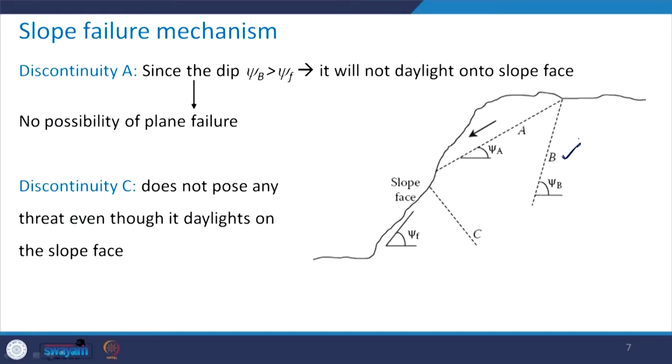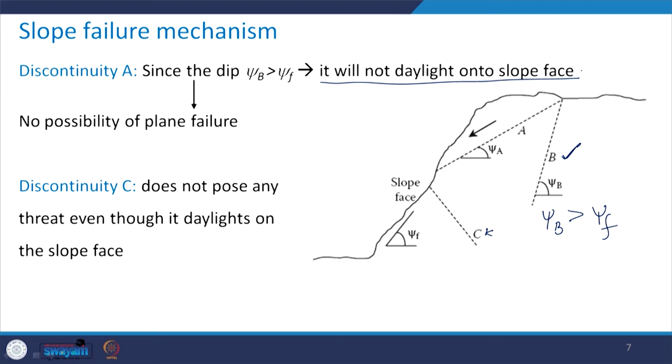Now, you see here, we have not talked about this discontinuity B, because we said that A is crucial for the planar failure, and C will not have any effect, it is stable. What about this B? Look at the relative magnitude of their orientation. It looks like in this case your psi B is more than psi F, and therefore this discontinuity B will not daylight onto the slope face.